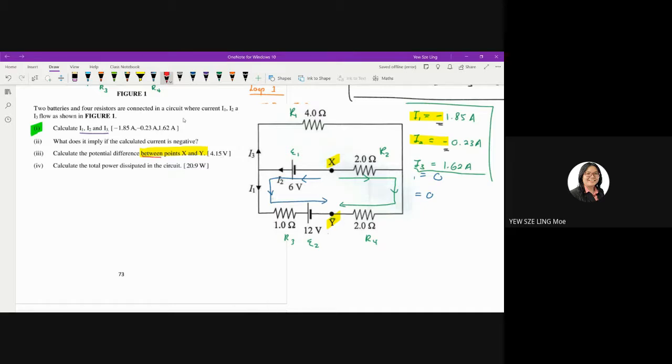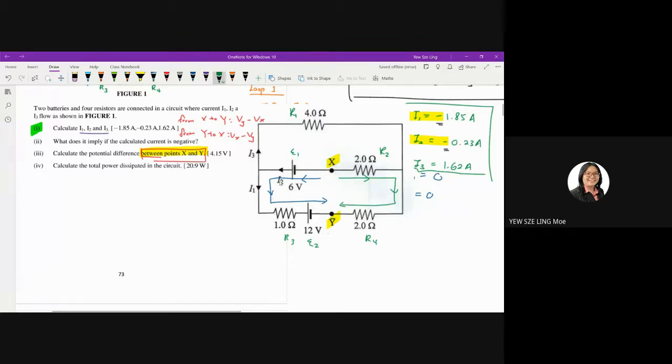If the question says from X to Y, then it must be Vy minus Vx. If a question says from Y to X, then it must be Vx minus Vy. You will get an opposite sign, depending on the statement given. But when it comes to between, then it doesn't matter.